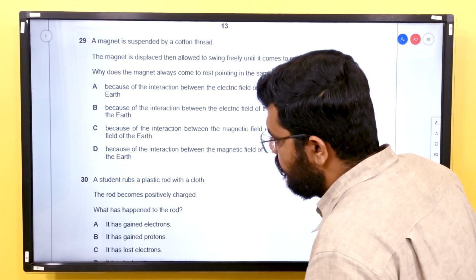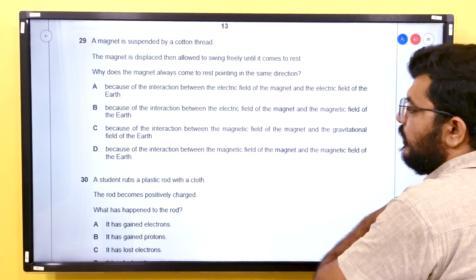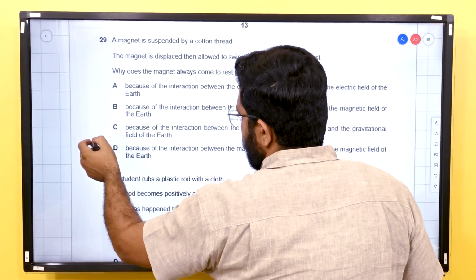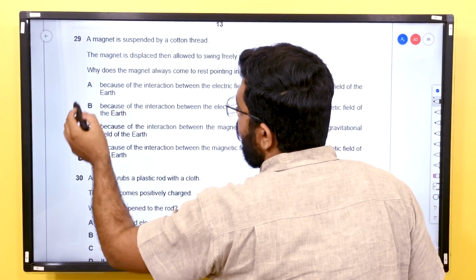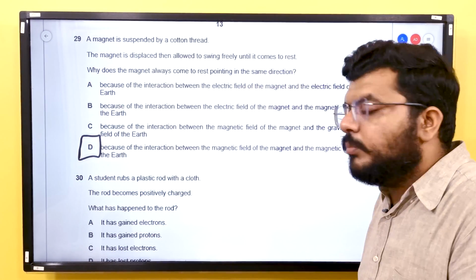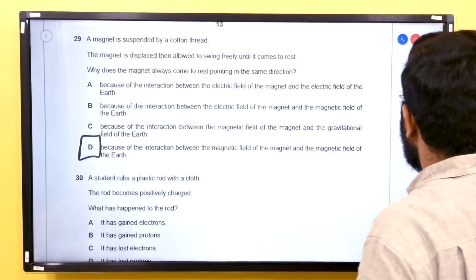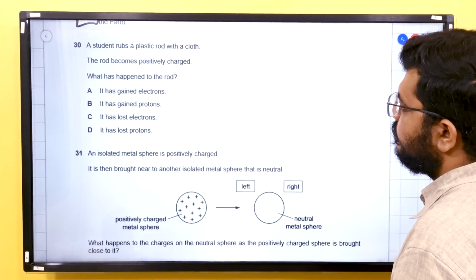So the south pole of the magnet is attracted to the north magnetic pole of the Earth, right? This is why it comes back to the same position.